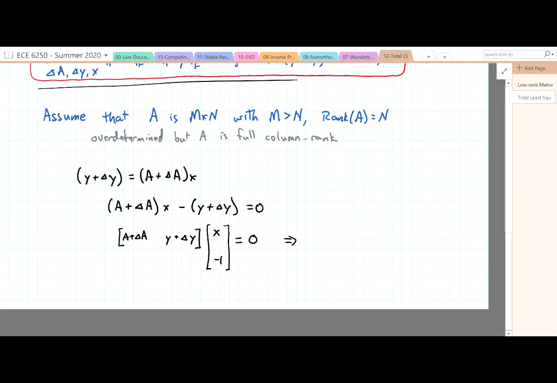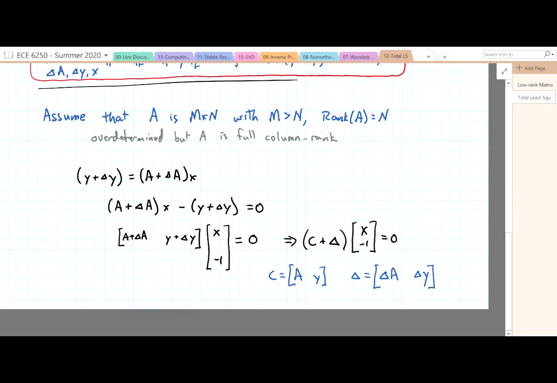And we're going to now define some terms. So we have C plus capital delta times x minus 1 is equal to 0, where C is equal to our A matrix augmented by y, and delta is equal to our delta A matrix, which is the same size as the A matrix, augmented by delta y.